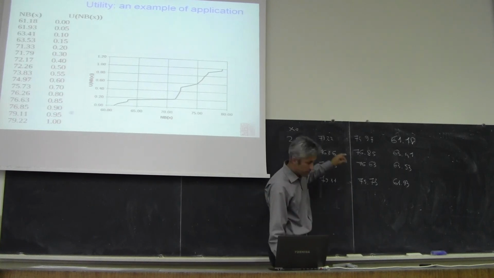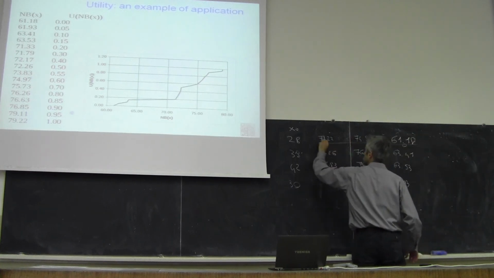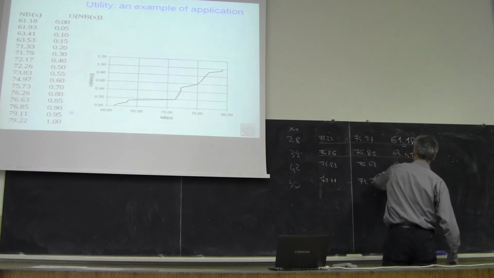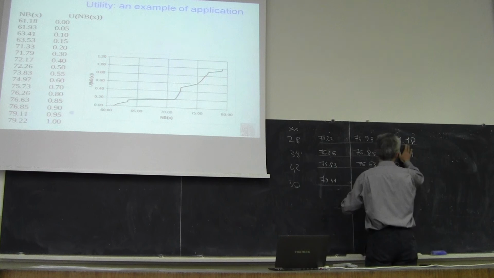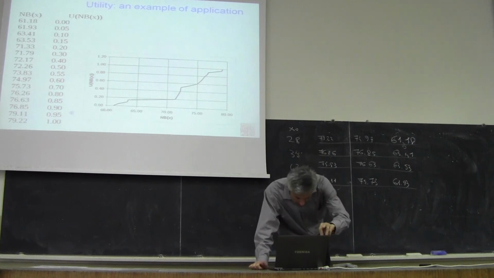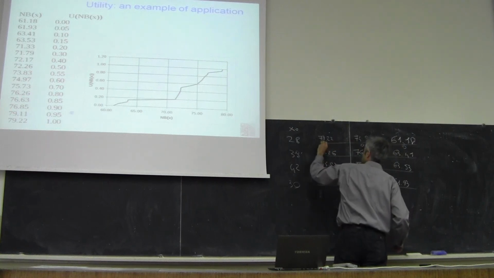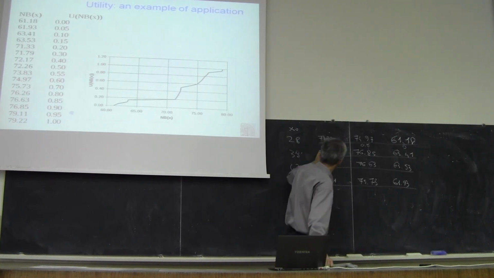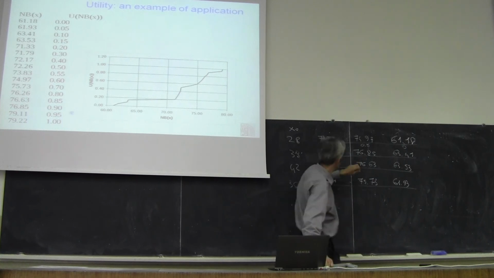So, this is 0. Let me just try to do this. So this is 0. And then 74.97, 0.6. And this is 1.0. 76.85, 0.8. 0.9.